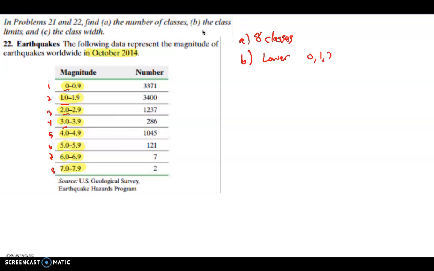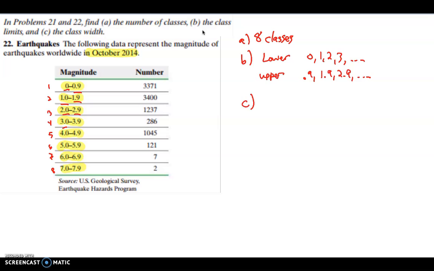What are the upper class limits? Those are these numbers, 0.9, 1.9, 2.9, and so on.